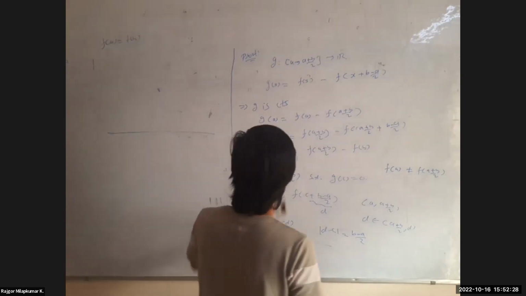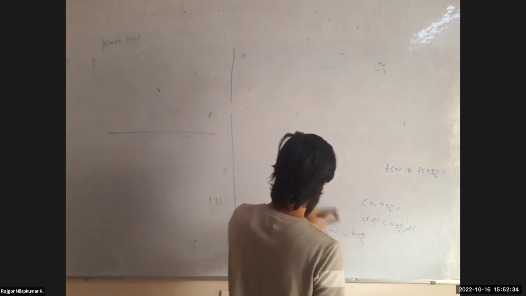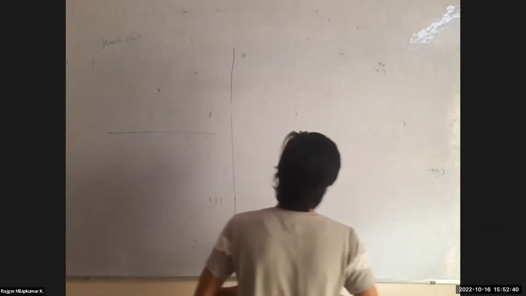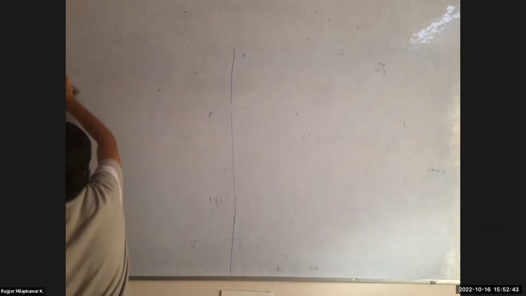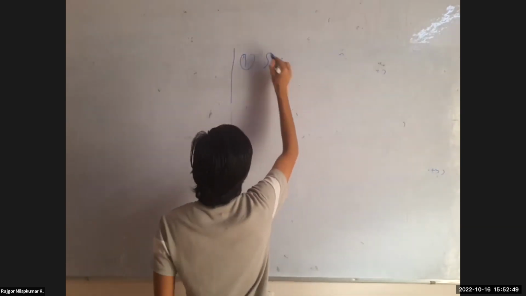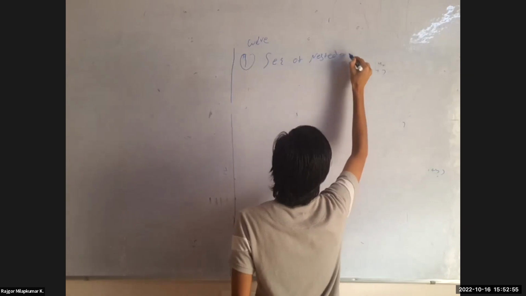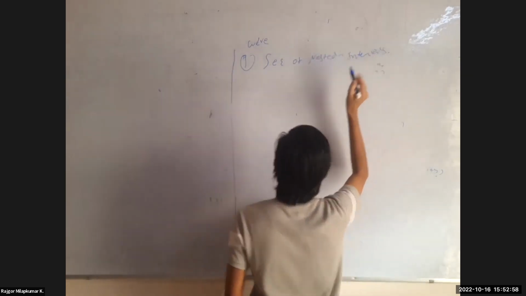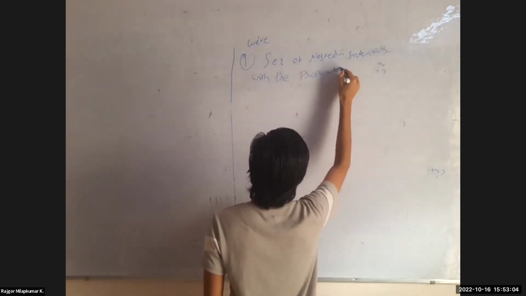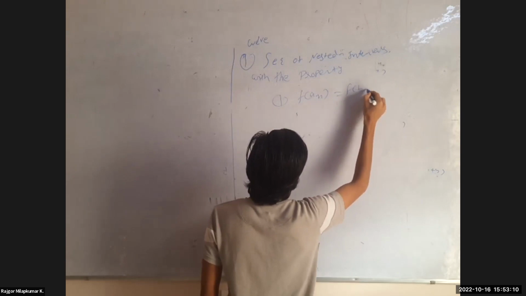So by this proposition 1, I have a sequence of nested intervals with the properties that I just told, f of An equal to f of Bn. I will quickly write it down.